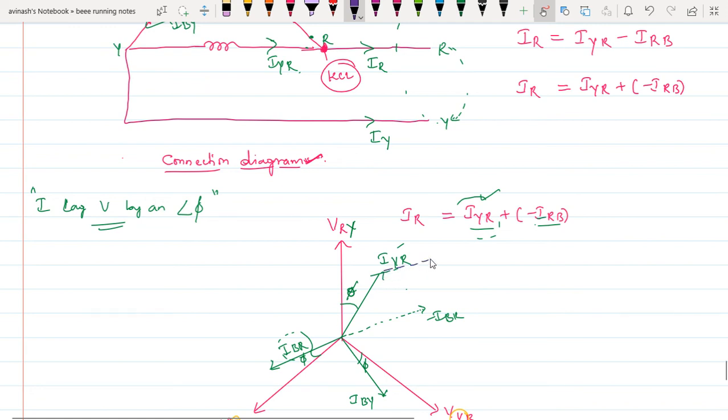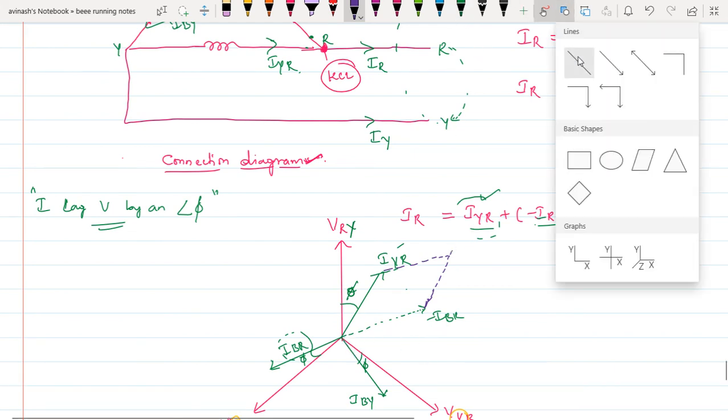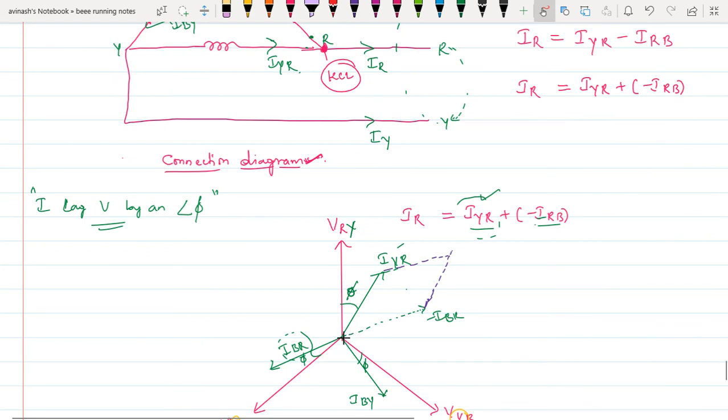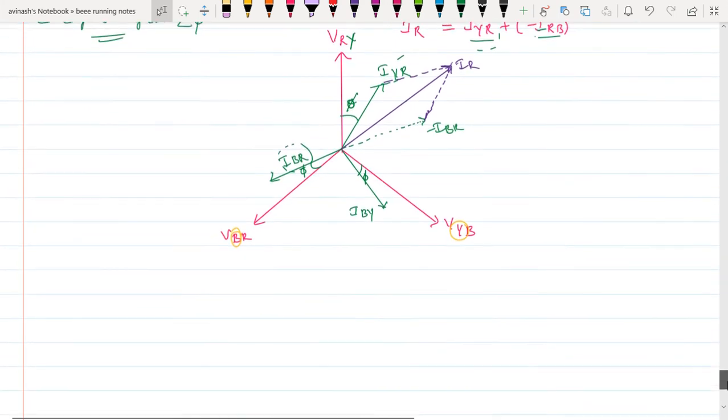Draw the line parallel to minus IBR, and also draw the same parallel line to the other. The resultant will be this one. This is nothing but IR. In the same way, also draw the other case.